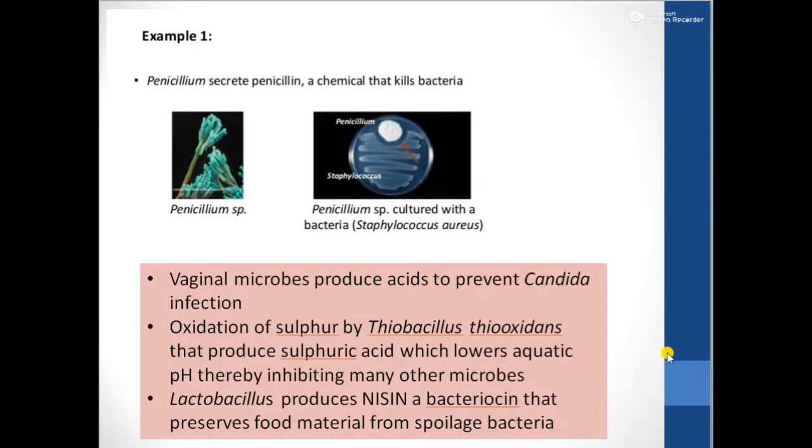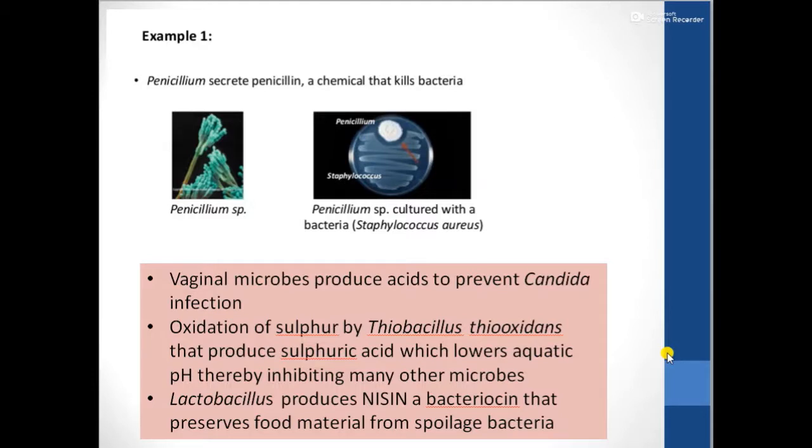It can produce sulfuric acid by the oxidation of sulfur, and this acid would lower the aquatic pH, thereby inhibiting many other microbes. And the most commonly used probiotic, Lactobacillus, usually produces nisin, a bacteriocin, which helps to preserve food from spoilage bacteria.